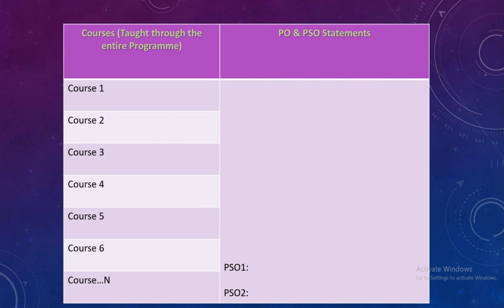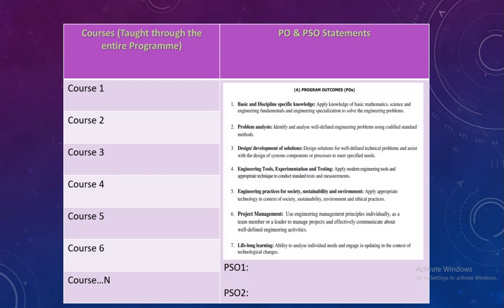For this, we need to have this sort of a matrix ready at hand. First of all, on the left side, you see that there are all the courses. Beginning from the first year courses, the first semester courses, and ending at the final semester course, all the courses taught in a particular program are to be listed.